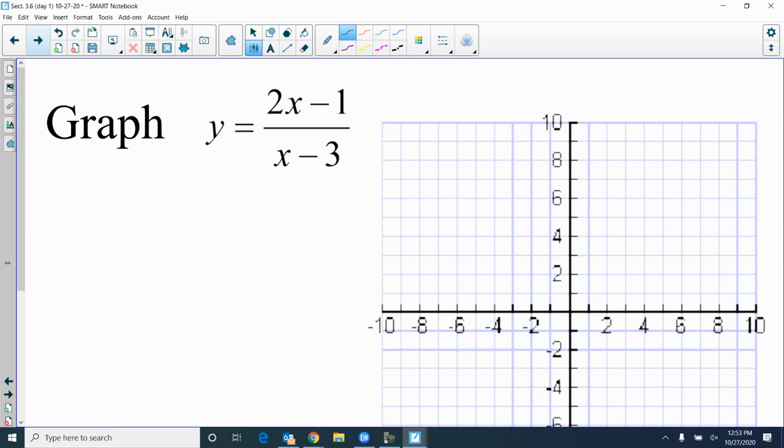You can use your calculator for some computation, but don't type it in and graph it yet. How do you graph something when you don't know what it looks like? Table, plot points. Pick some numbers, plug them in for x, see what you get back for y. Okay? And let me hand out your guided notes.